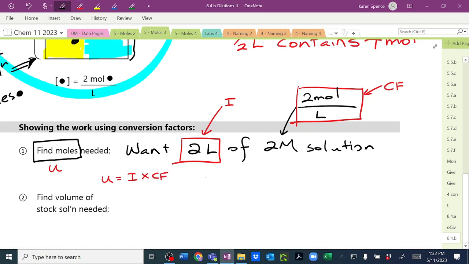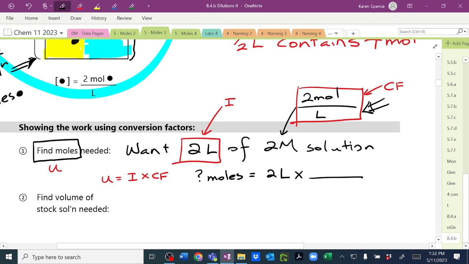So now, I want to find the number of moles. That's my unknown. My initial quantity is 2 liters. I'm going to use this conversion factor up here.